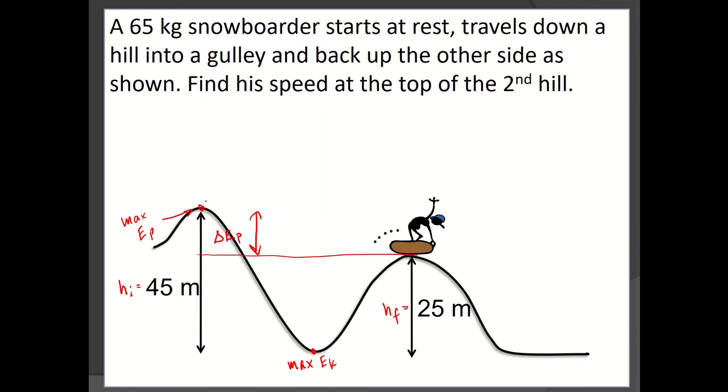So all the energy that he starts with is going to be transformed into a mix of energies, in this case, potential and kinetic. So again, the question is, find his speed at the top of the second hill. So we know he's going to have kinetic energy, and once you know your final kinetic energy, then you can find his speed at the top of the second hill.